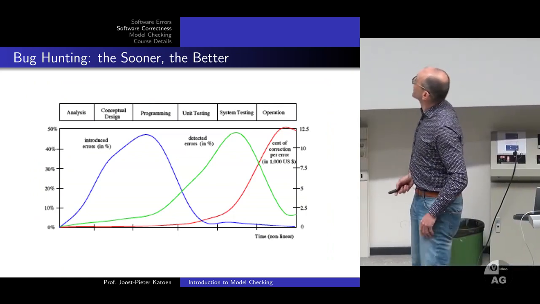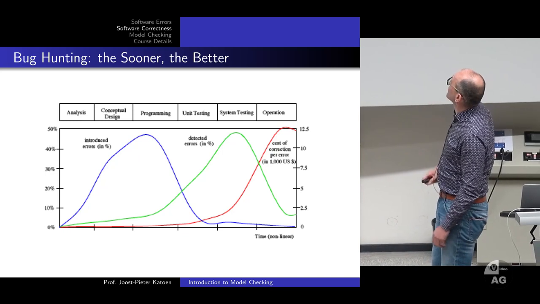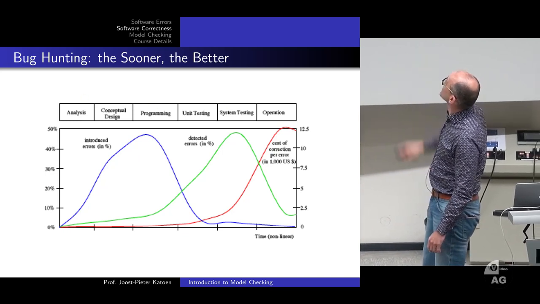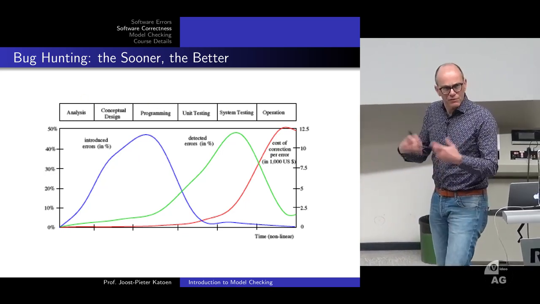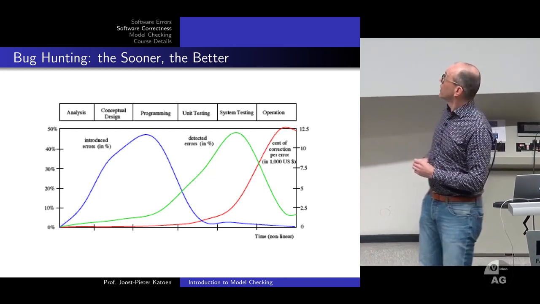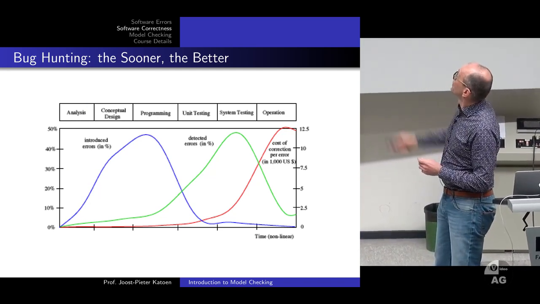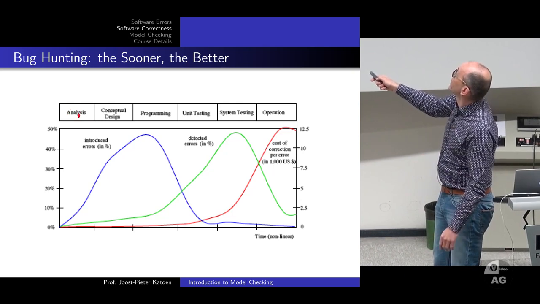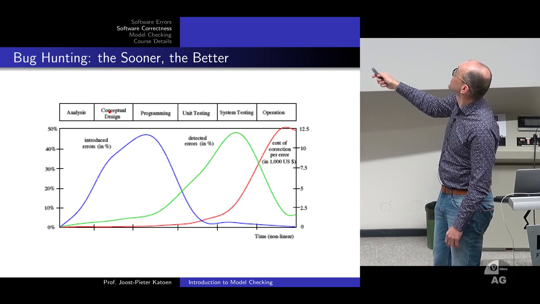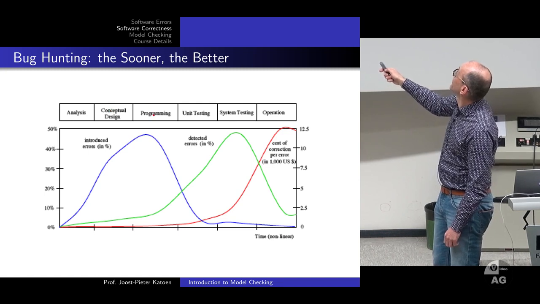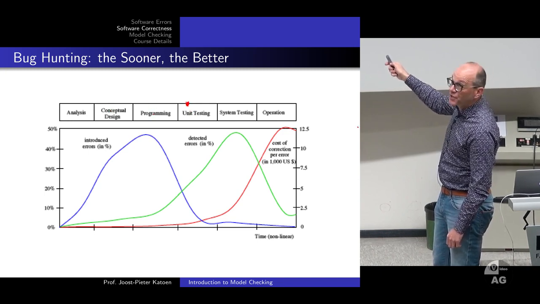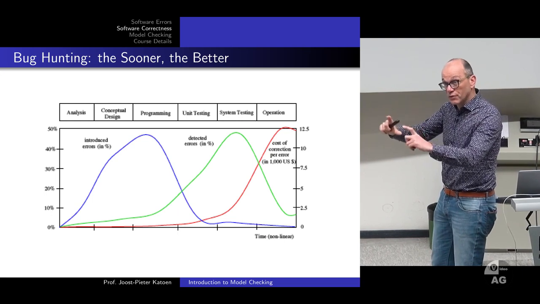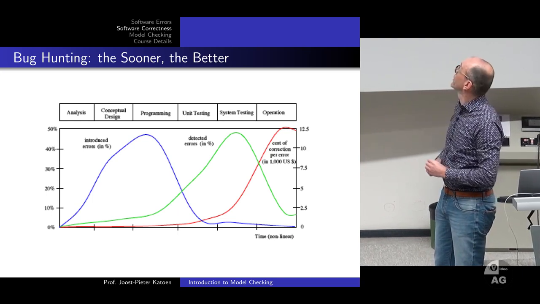So here is a picture, and this is not really a linear scale, but you have different phases. So it's not indicating that every phase takes equally long. So you typically have some analysis of the problem, then you do some requirement specification, then you do conceptual design of your system, then you start real programming, then you maybe do some unit testing, so you test the individual parts of your program.